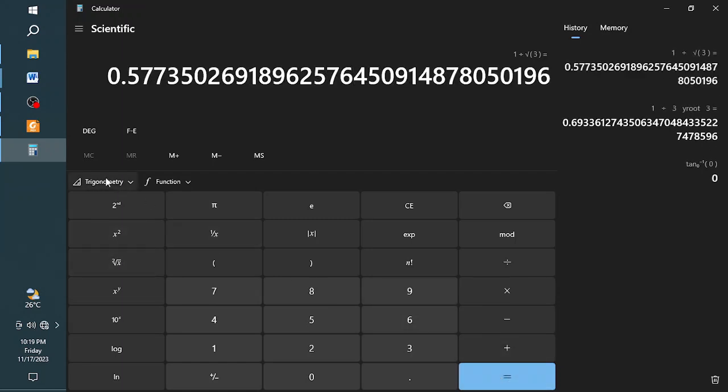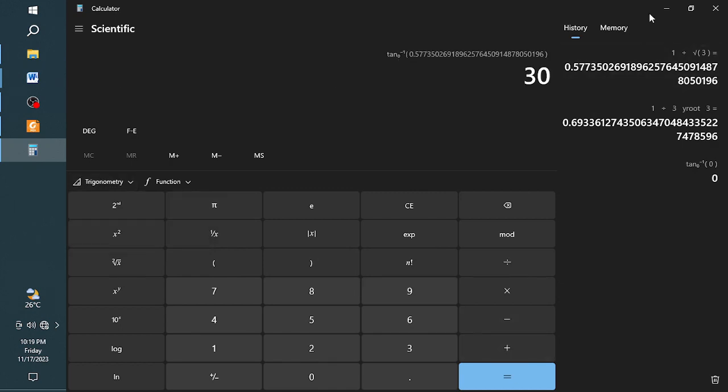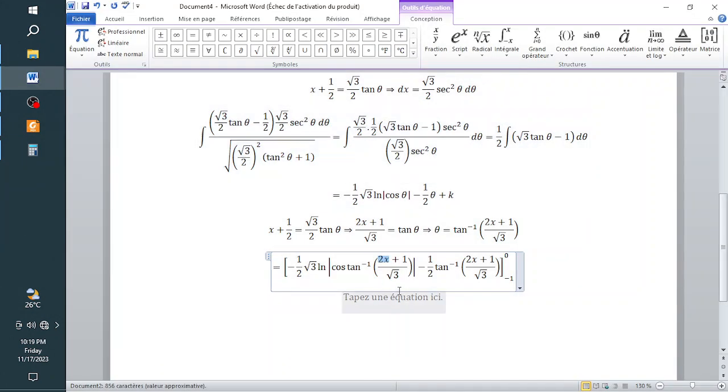We have this. Second function, tan inverse is 30. It's 30 degrees.